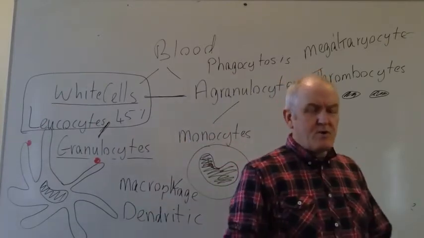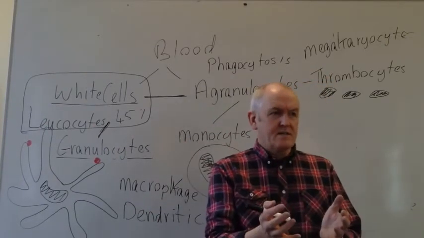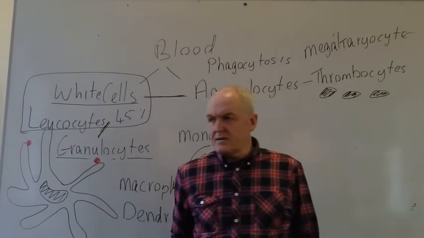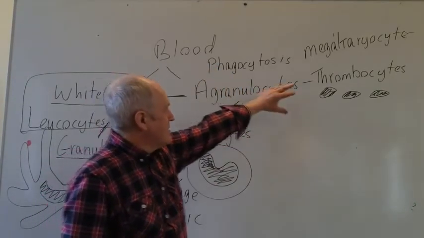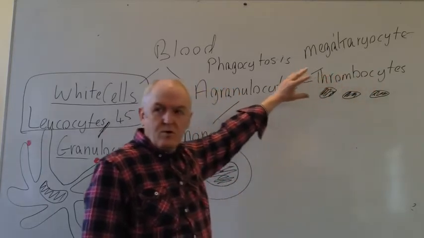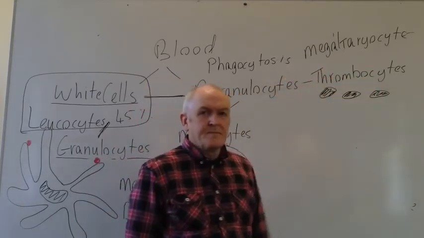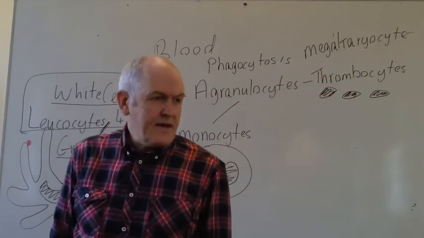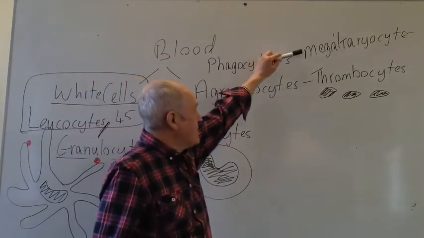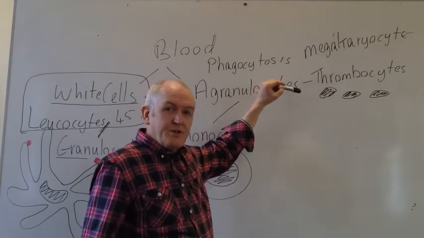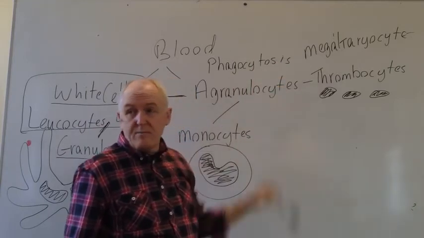So in the bone marrow we have cells called megakaryocytes, huge cells. And these break up into a couple of thousand smaller fragments called thrombocytes that then circulate in the blood. So the megakaryocytes are only in the bone marrow, but they produce the platelets which circulate in the plasma in the blood.